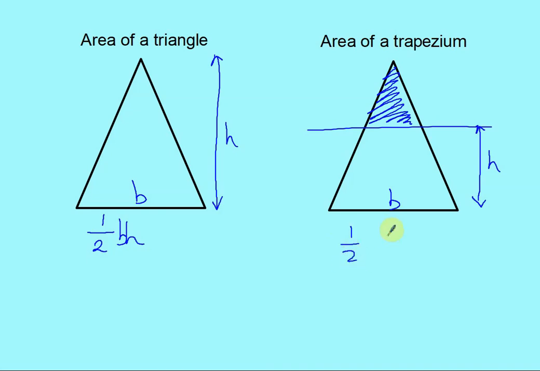But it can't be half base times height because it's not a triangle, and now we've got this extra side. We can't just surely ignore that side, and we don't. We decided to call that A because it's very close to the letter B, I guess. And what's happened? When we make a trapezium, we've added in this extra side.